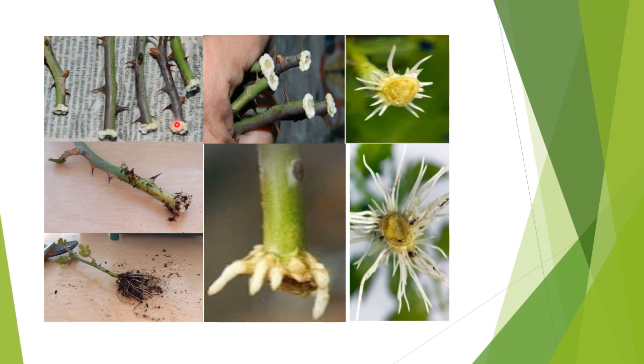So if you are taking a rose cutting and you put the lower basal end in sand, after a few weeks you will find a white coloration appearing there and swelling appearing there. This is callus formation, and it is the area from where the roots will originate.